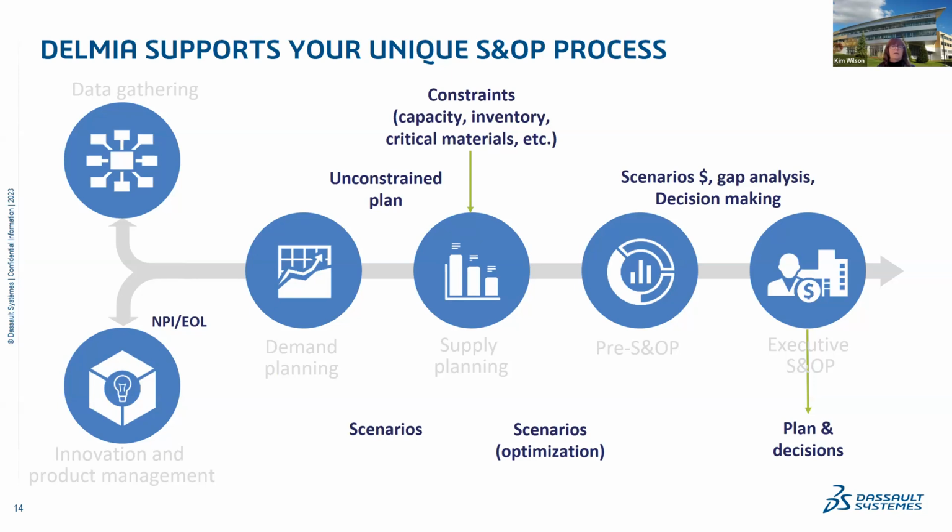And in demand planning, initially, it's unconstrained information. What we're going to do is shift and add constraints. So we're going to start looking at capacity and inventory and critical materials and other things that are important to be considered. But every time this happens, there's going to be an optimization added to balance demand and supply.